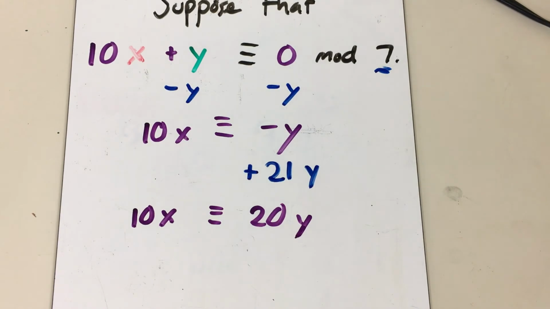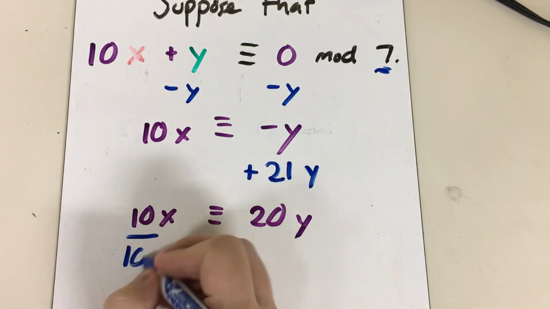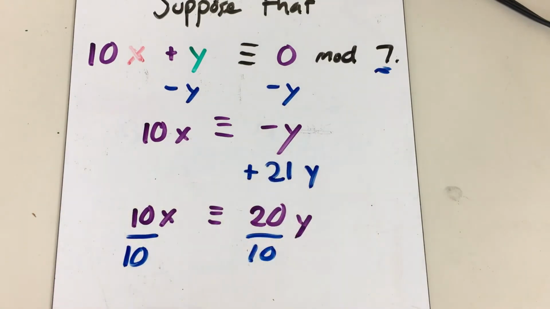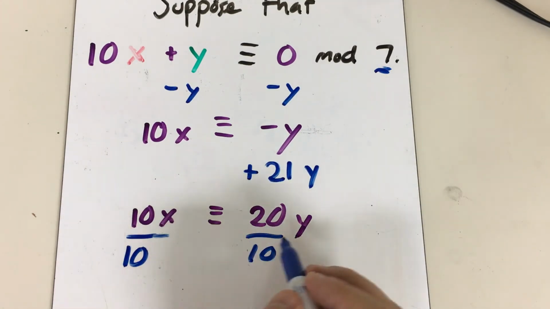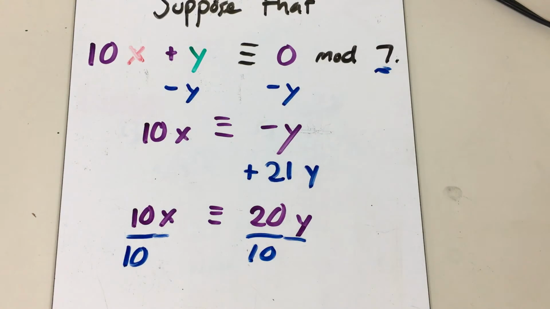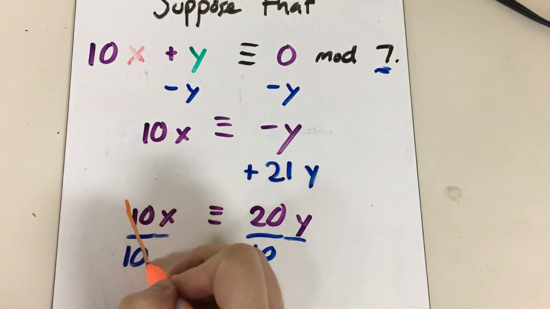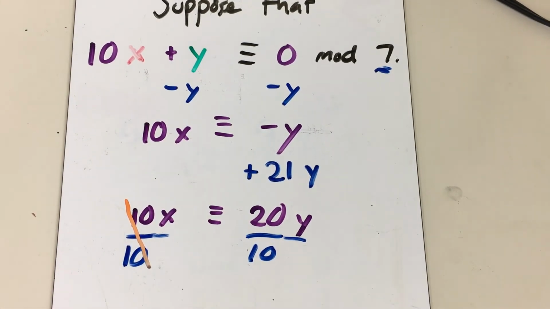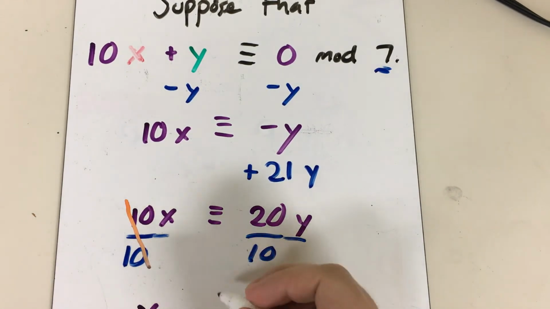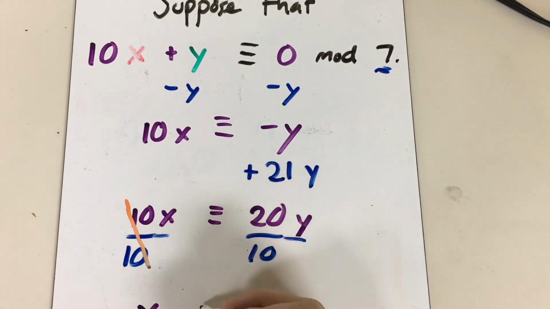And now I'm going to go back to a more familiar step in working with equations. I'm going to do the same thing to both sides of the equation. Specifically, I'm going to divide the left side and the right side both by 10. Now, technically, this fraction bar should go under everything. It's just a little easier for me to visualize this if I keep it under the numbers. So where this leads us is 10 divided by 10 cancels, and this leaves us with just x. 20 divided by 10 leaves us with 2, and then we keep the y there.